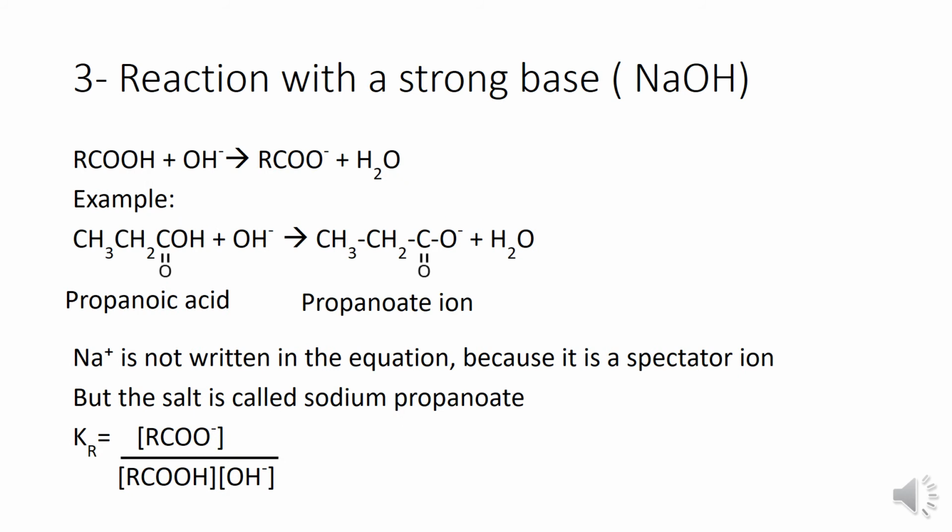The third reaction is with a strong base. Let us take an example, sodium hydroxide, and let us recall: weak acid with a strong base, you get salt plus water, and here the salt is a basic salt. So for example, here we have propanoic acid.